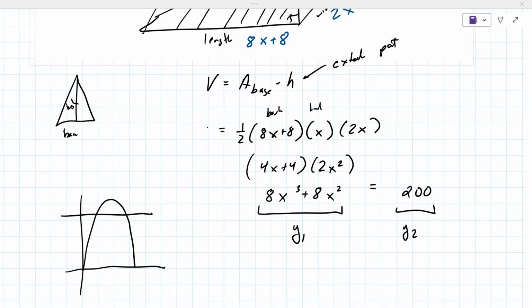X squared. Okay, so this does in fact have a solution. So let me think. Let me know if you have any questions about how to graph it or solve it.